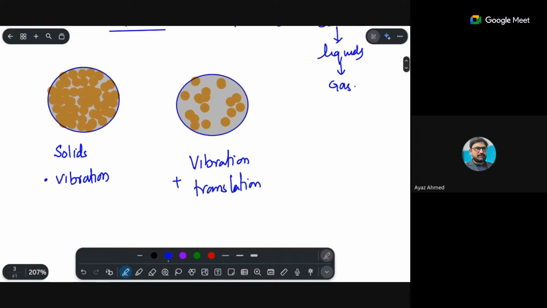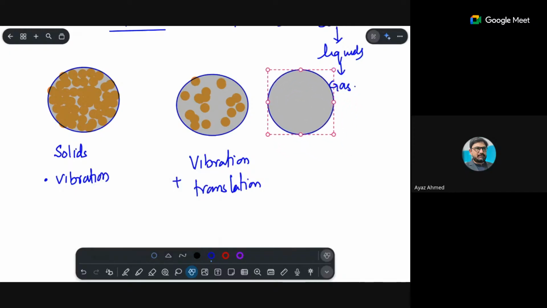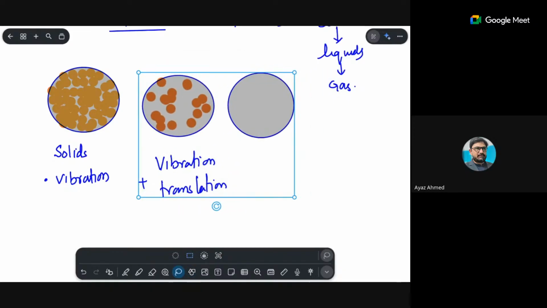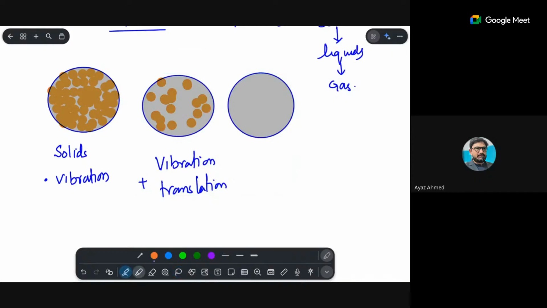Gases occupy whatever container they are placed in. The gas molecules are far apart from each other, so they have only translatory motion.